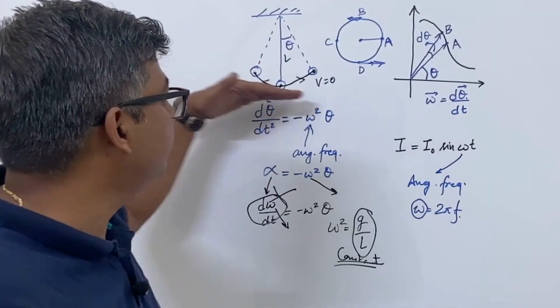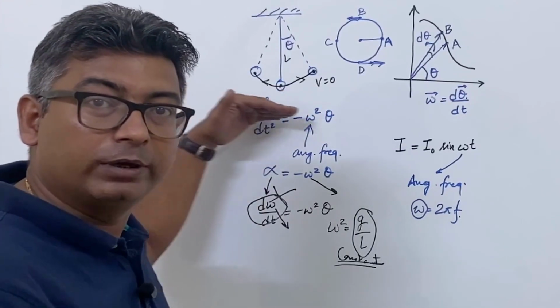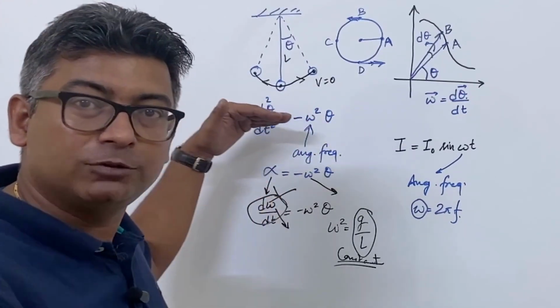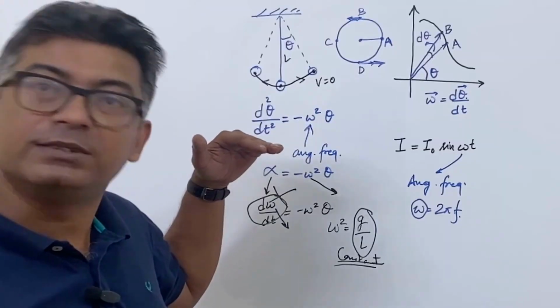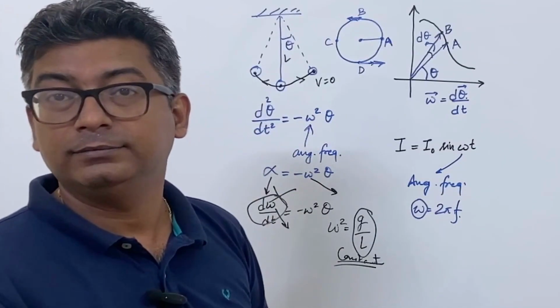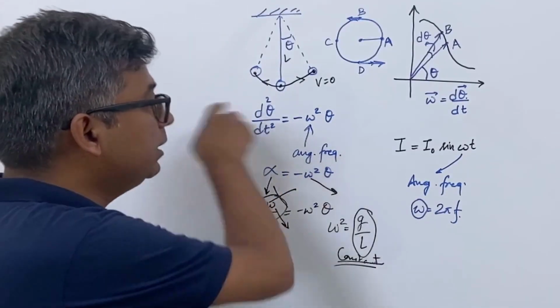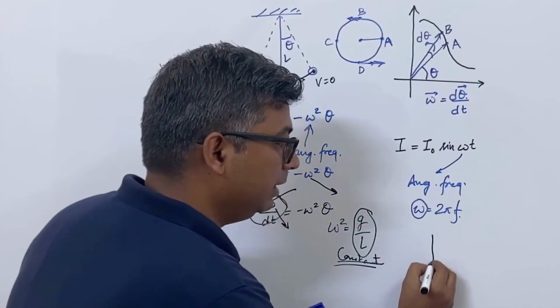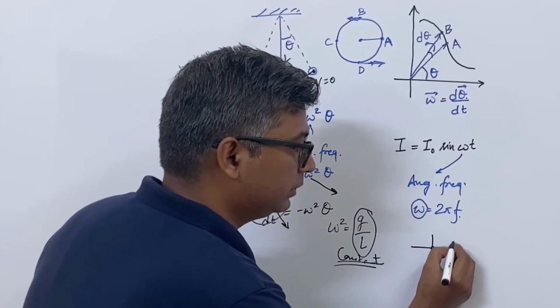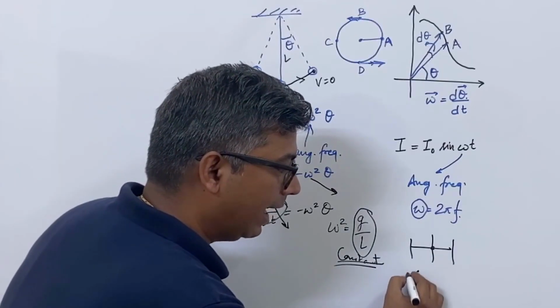Even if you have a motion which is to and fro, for example a spring, it's not a curved path, so you can define angular frequency there, but you cannot define angular velocity there. So what happens if the motion is for a spring about its mean position? Let's say this is the mean position, and these two are extreme positions. How do we define it?